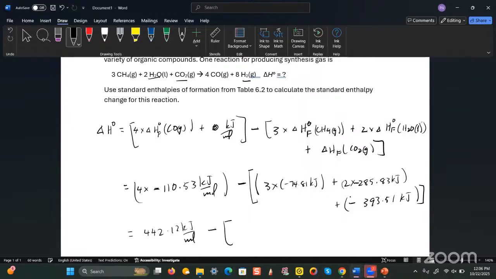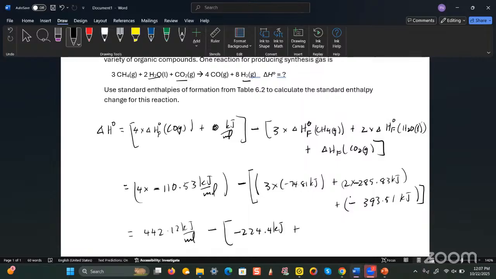So 3 times minus 74.81. I got minus 224.4 kilojoules. And then I'm going to add to that 2 times minus 285.83.